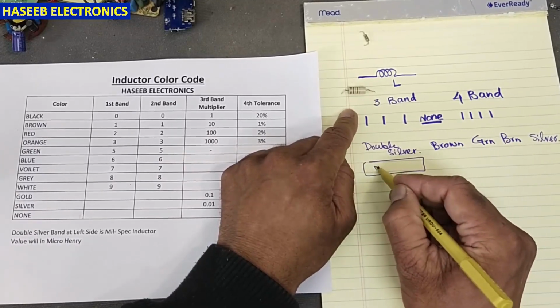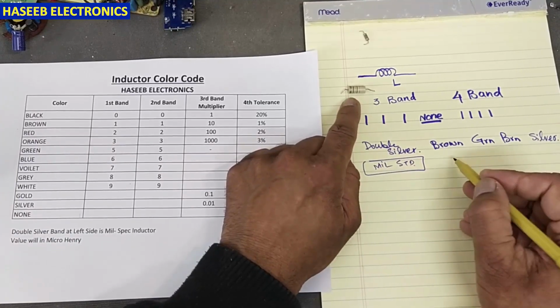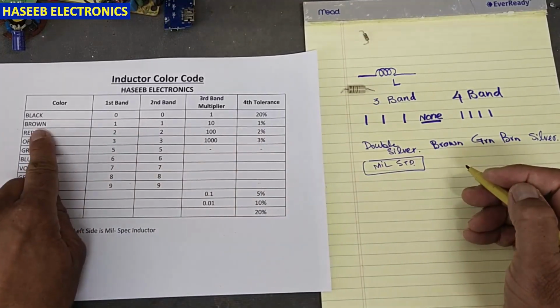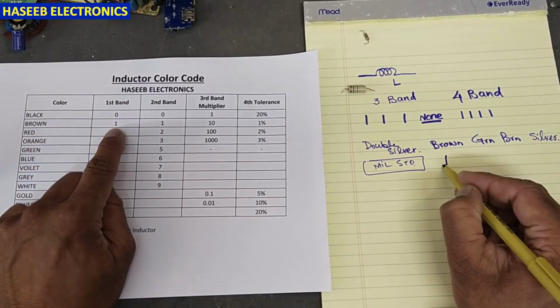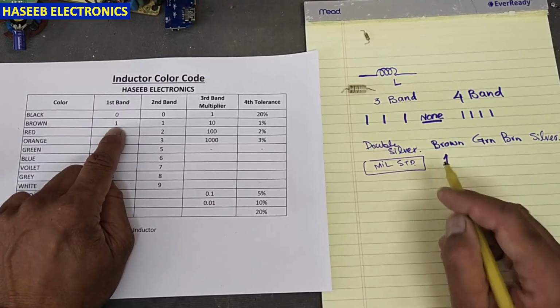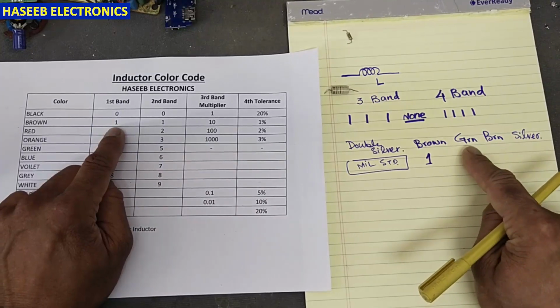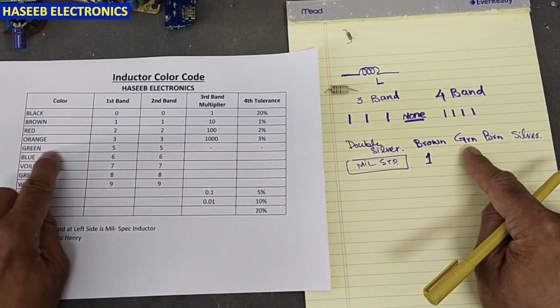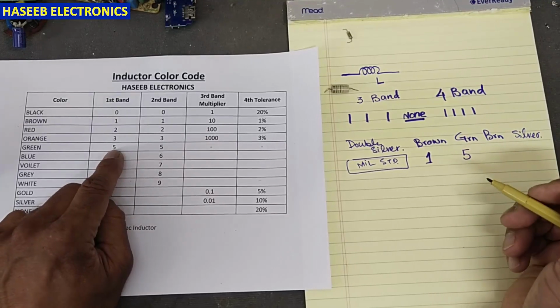This is military standard. Then brown. We will locate the number from here. Brown is 1. If the first band is brown, we will write here 1. Then we will locate the second band. The second band is green. Green is 5. We will write here 5.